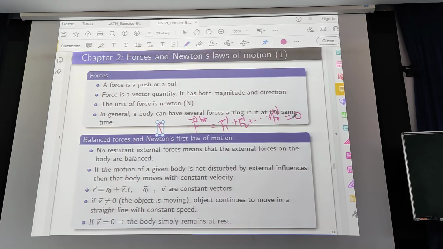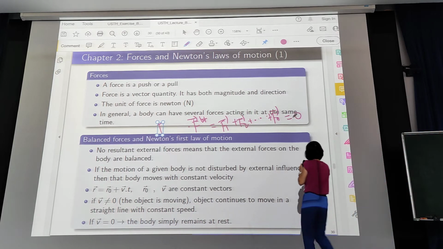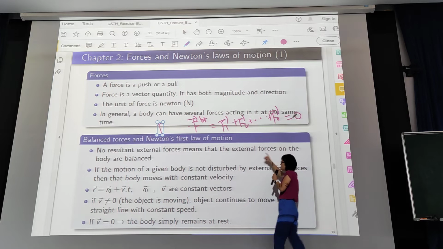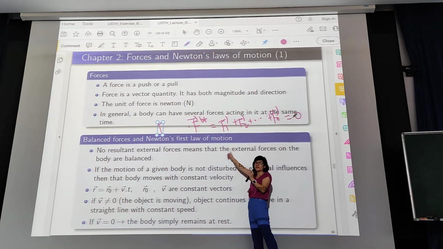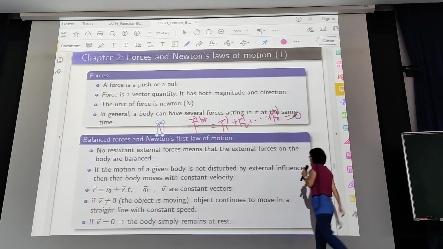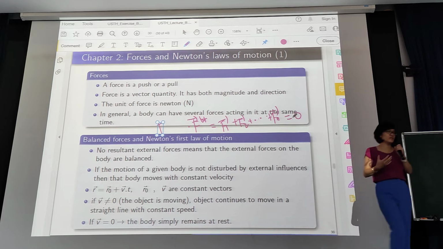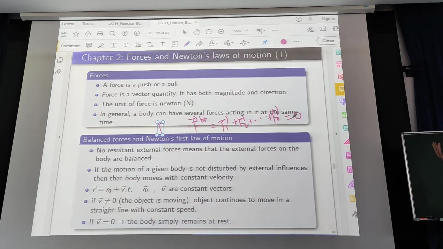If the motion of a given body is not disturbed by external influence, as in the case of balanced forces, then the body will move with constant velocity.